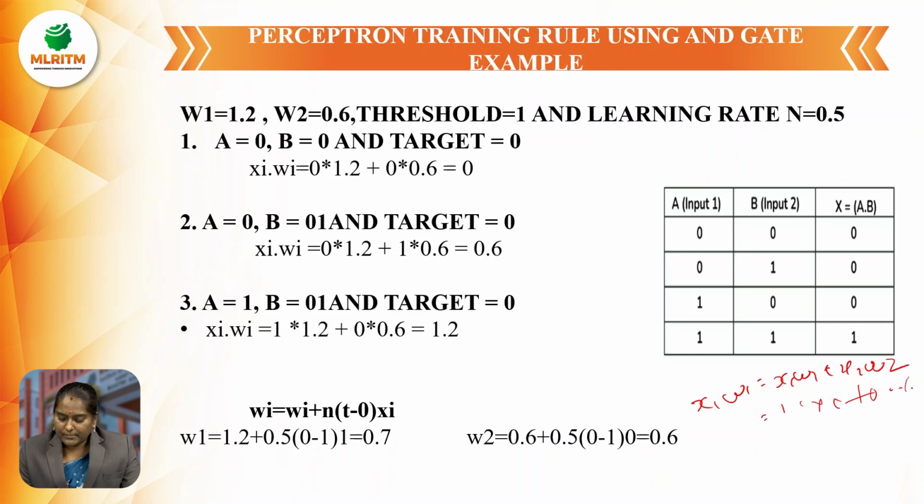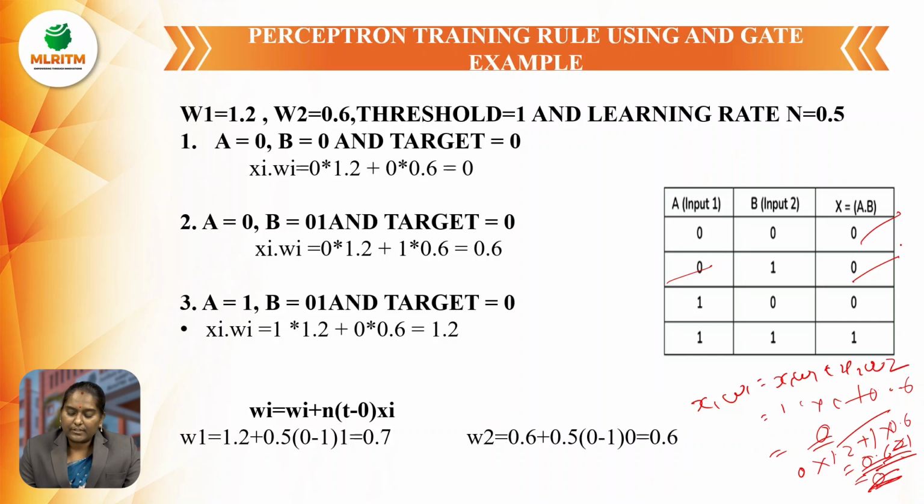Finally, we get 0. Our actual output is 0 and the target output is 0, so the condition is satisfied. Next, the second value: 0 into 1.2 plus 1 into 0.6. The answer is 0.6, which is less than the threshold, so the output is 0. Actual output 0 and target output 0, so this condition is also satisfied.